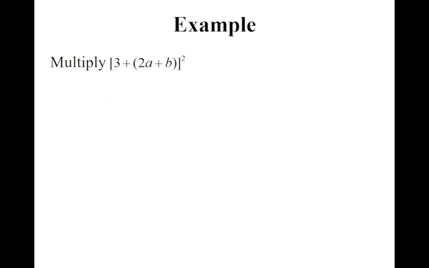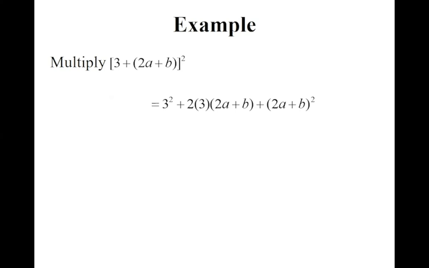We could use our special formula for squaring two things. Square the first, 3 squared. Take 2 times the first times the second, 2 times 3 times 2a plus b. And then square the second, square the 2a plus b.